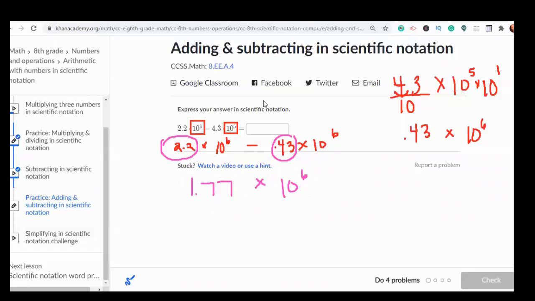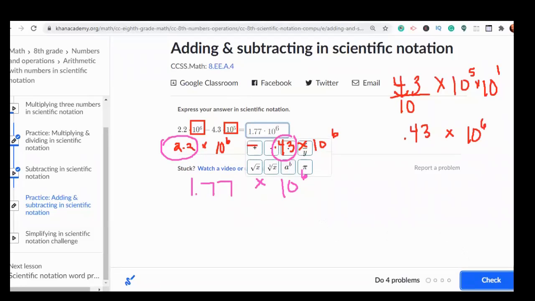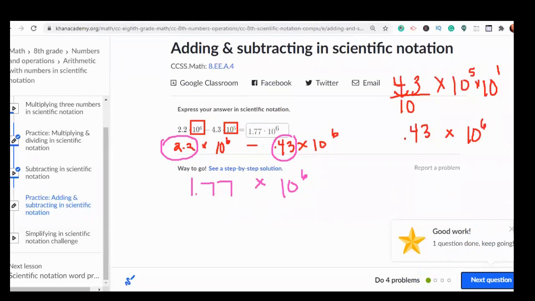So in this case, it's already in scientific notation. We don't have to correct it. It's already there. So times 10 to the 6th power. Okay, great. So we're going to move on and do another example.